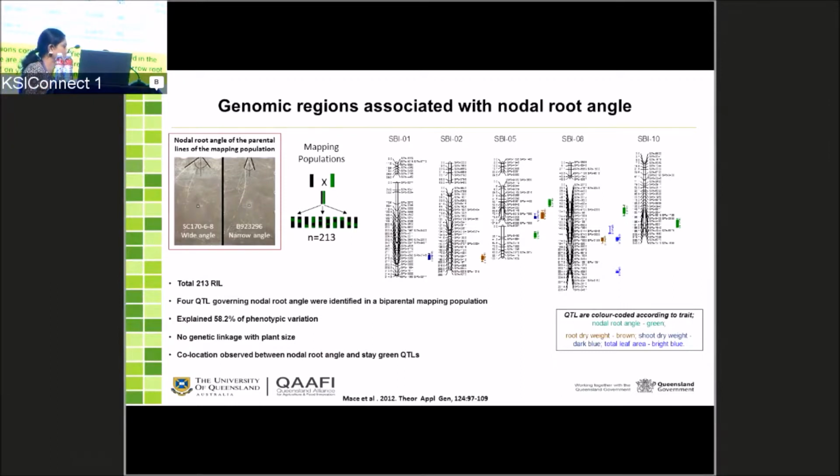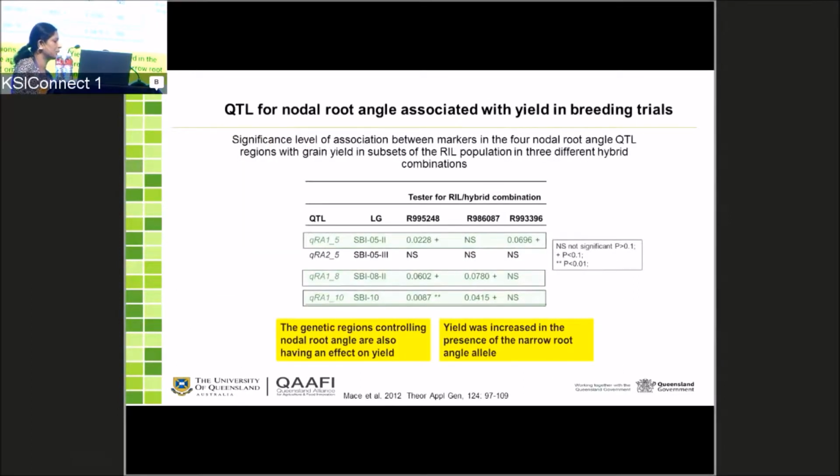This table shows that QTL for nodal root angle are associated with yield data in breeding trials. There was a significant association between these markers and yield in 3 different hybrid combinations. The genetic regions controlling nodal root angle are having an effect on yield, and yield was increased in the presence of narrow root angle QTL.